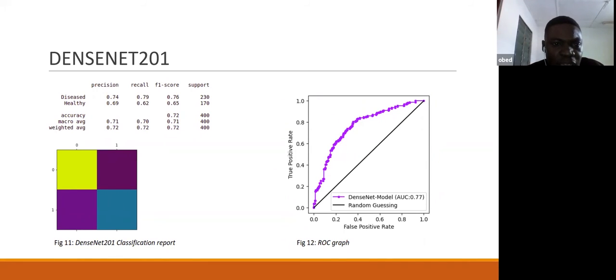Yeah. And the interesting thing here, since it's a medical task, is, so for example, if I would want to deploy this model as a first step in screening some medical images, then I might be interested in the recall and precision metrics, right? So I have a recall here of 0.79 and then a precision of 0.74.